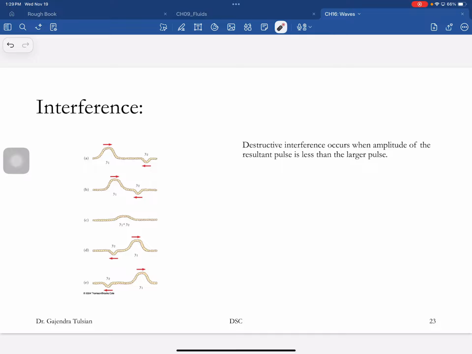All right, so for instance, let's say I have two speakers, and here's a seat.